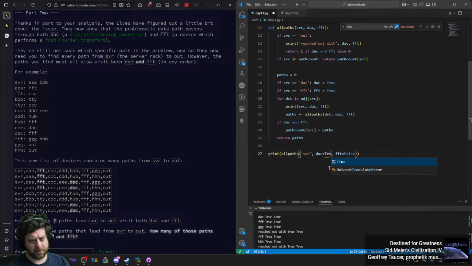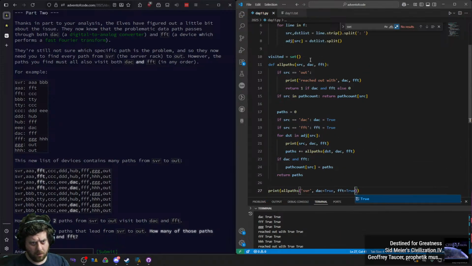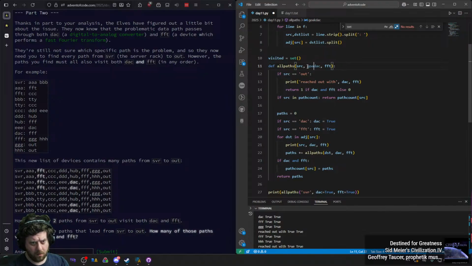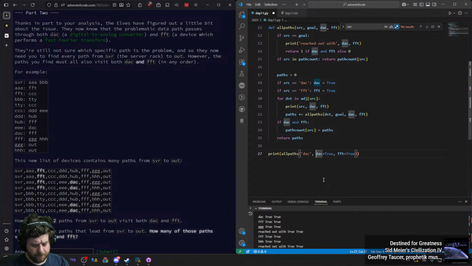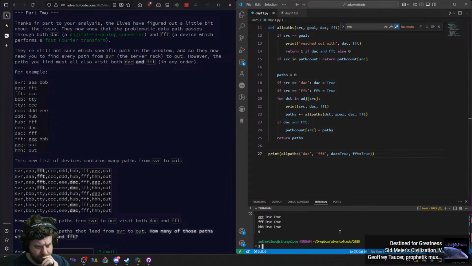Getting curious about something. There's 0 paths.